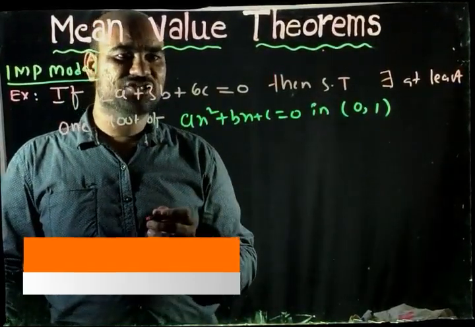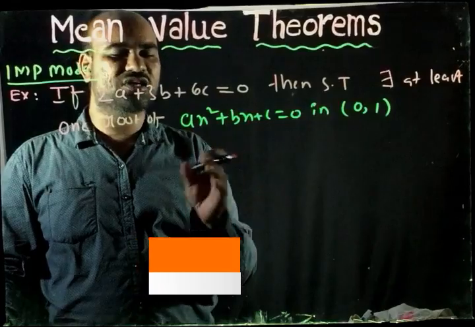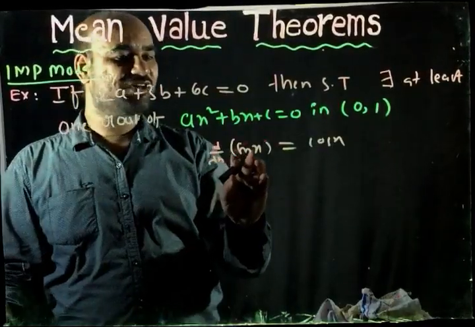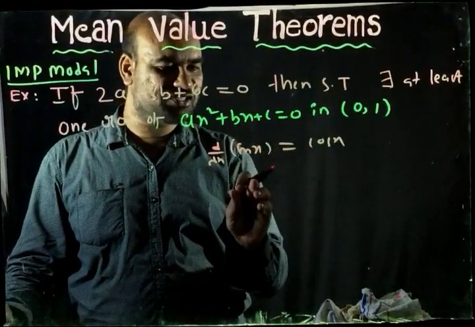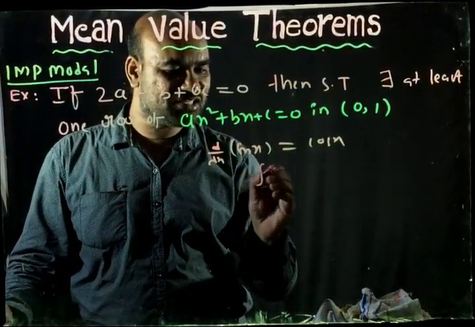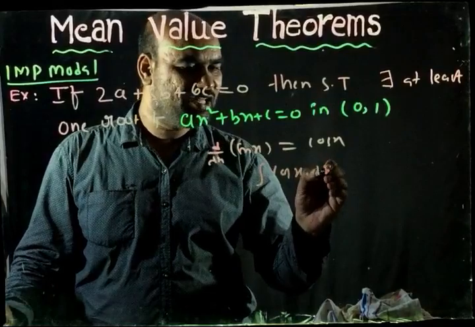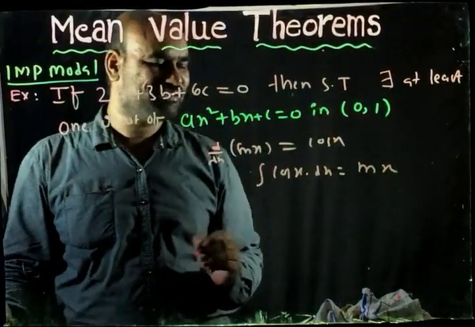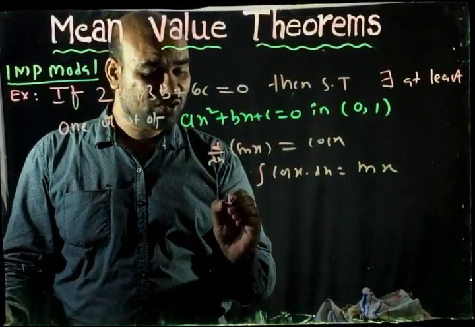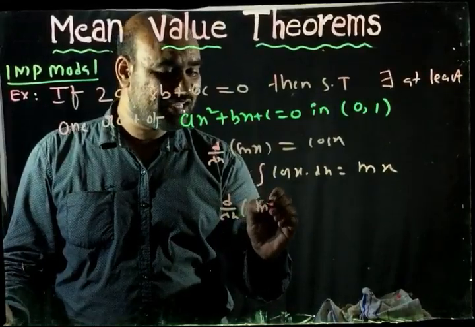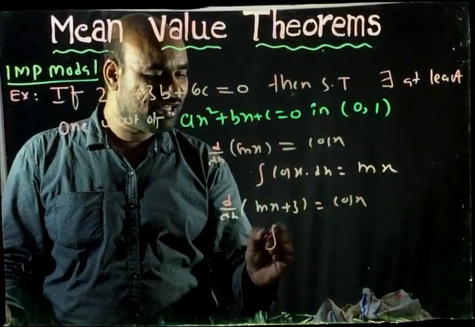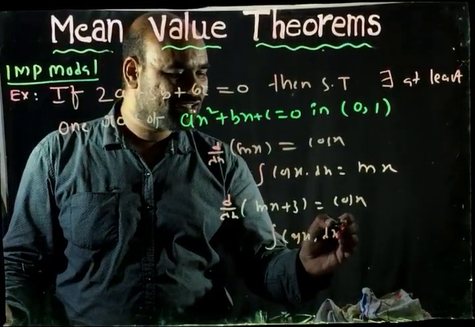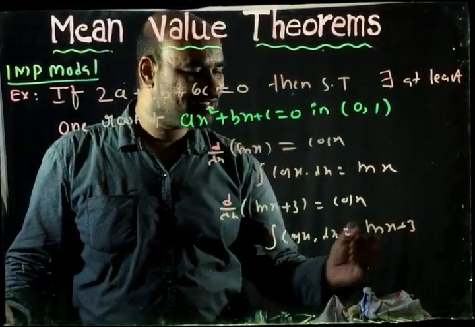Integration is a reverse process of differentiation. d by dx of sin x equal cos x. So integration is a reverse process of differentiation. That's why integral of cos x dx equal to sin x. d by dx of sin x plus 3 is also cos x only, means integral of cos x dx also equal to sin x plus 3.